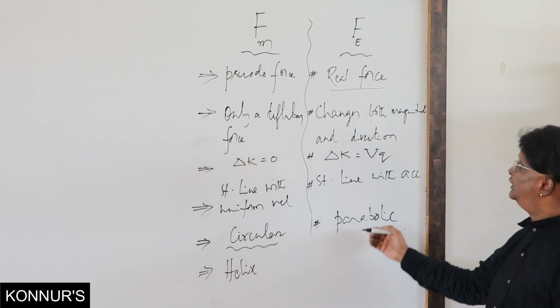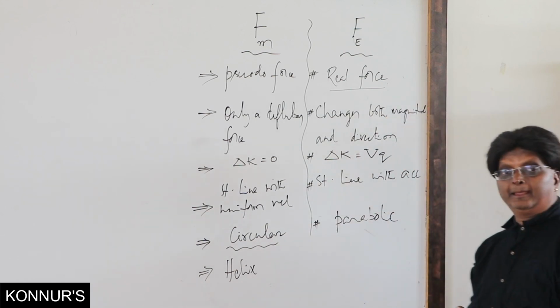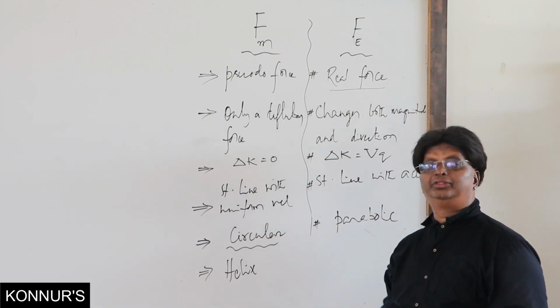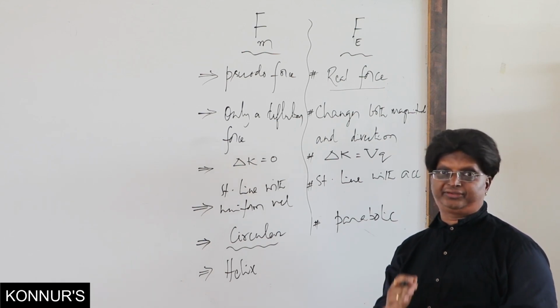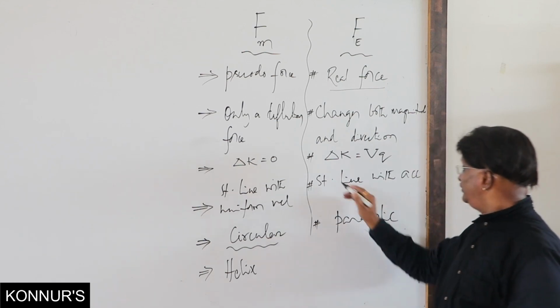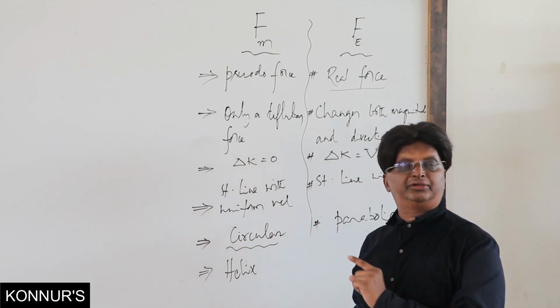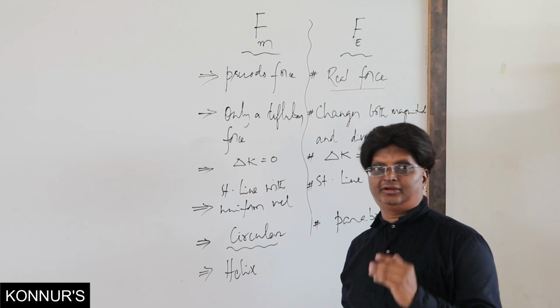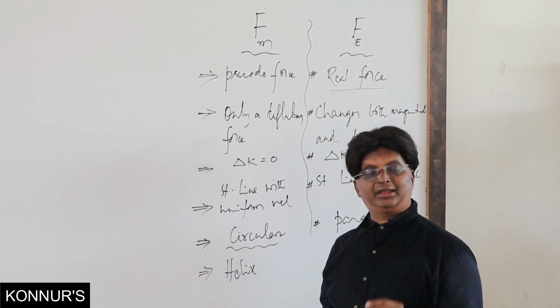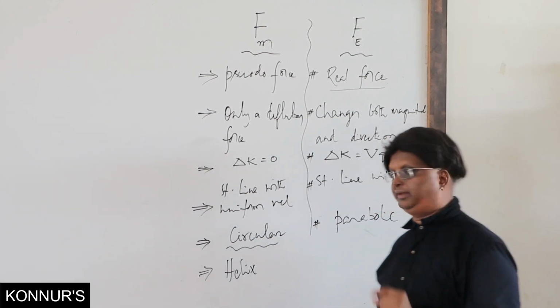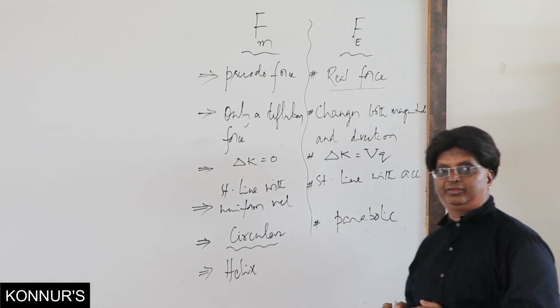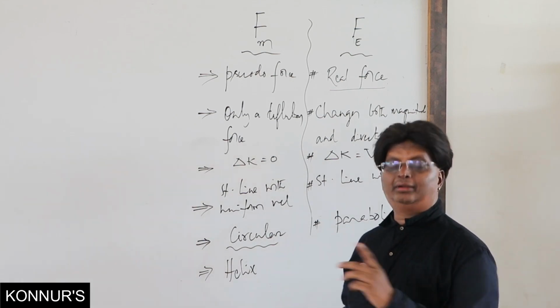But here, in the case of electric force on a charged particle, there are again two possibilities. The first possibility is a straight line with acceleration. Straight line with uniform velocity is not possible in the case of an electric field. Straight line with acceleration will always be there, and the next possibility is that the path is a parabola.